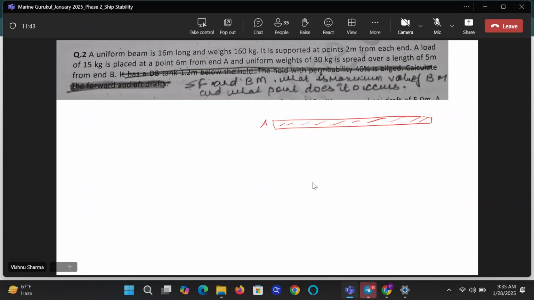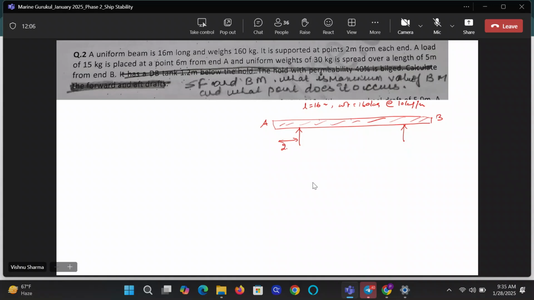Let's name it AB, though the question is not given, you can name whatever you want. Length is 16 meters. Weight 160 kg at the rate of 10 kg per meter. It is supported at 2 points, so this is 8, this is 4, it is supported somewhere here and supported at a similar distance from here.